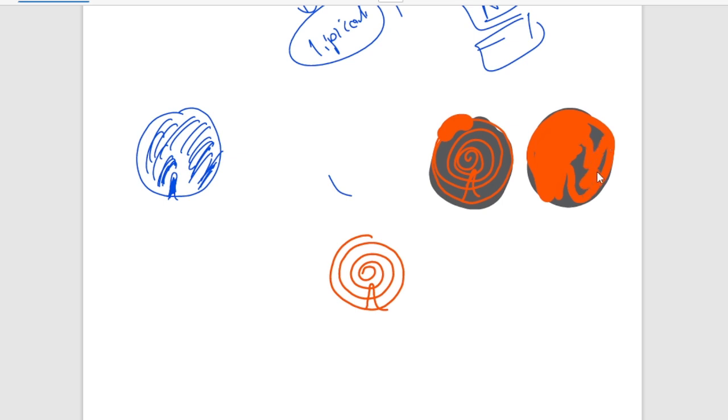This is the invagination. Just like this, the invagination occurs.